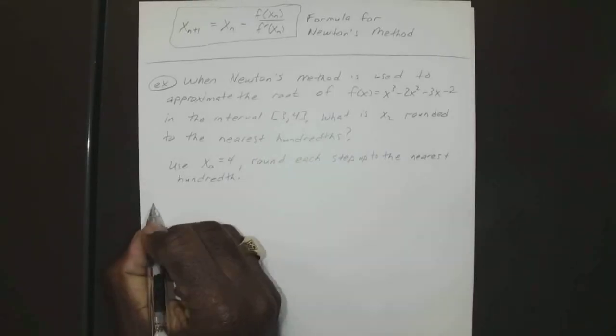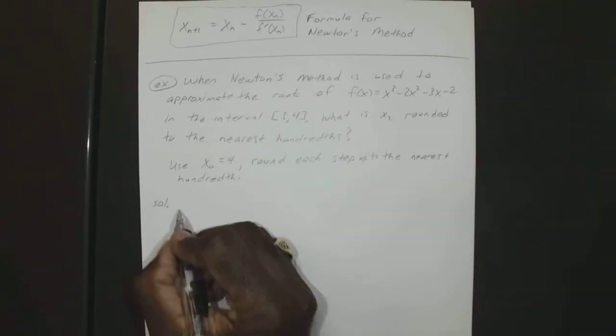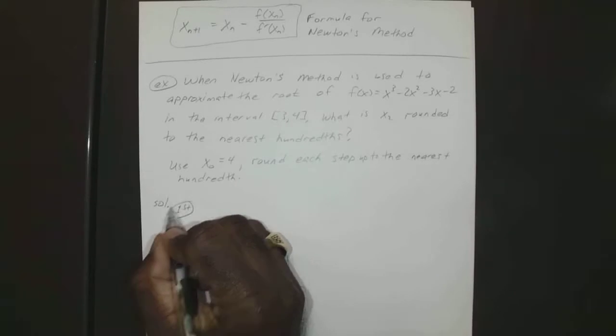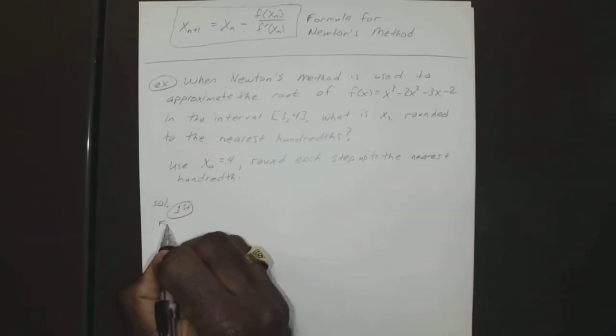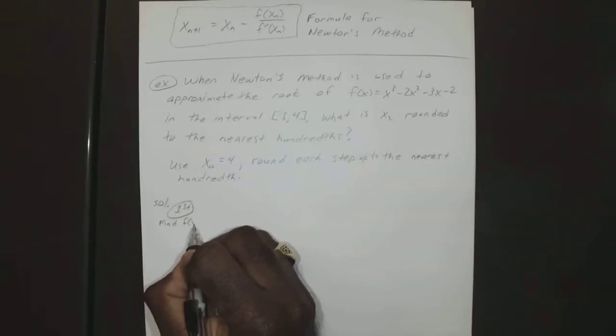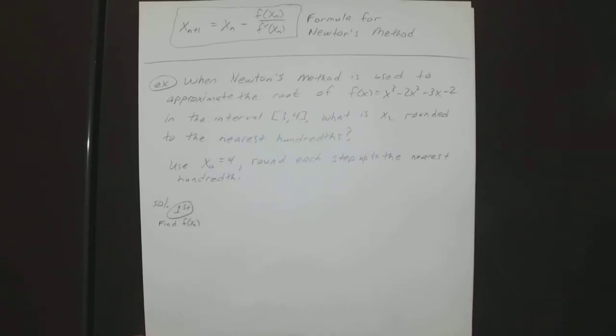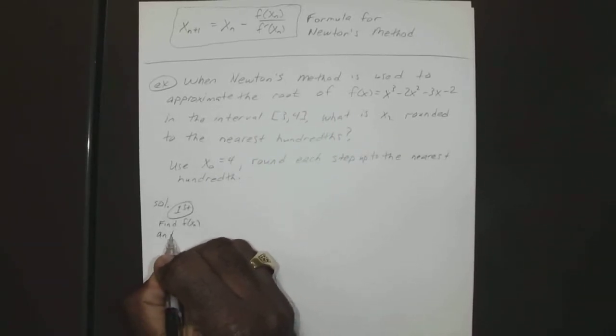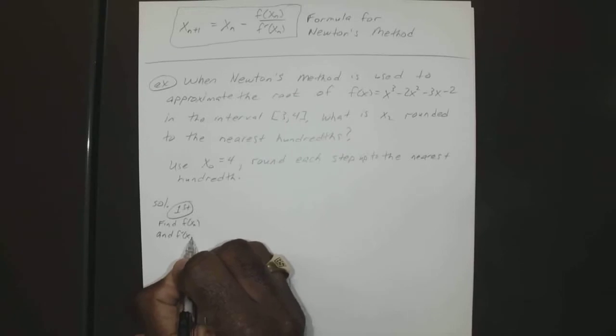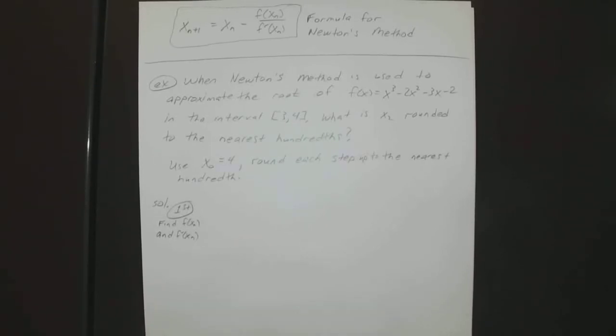All right, so to solve this one, first thing you want to do is find f of x sub n and f prime of x sub n. And really, that's just changing every x to x sub n.